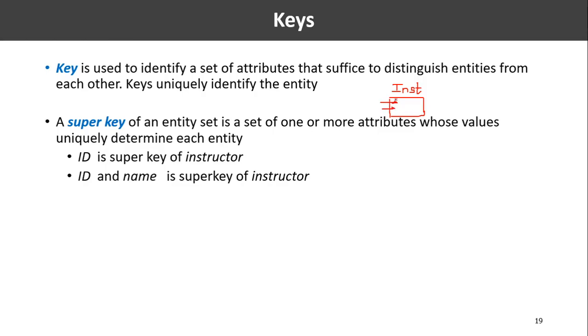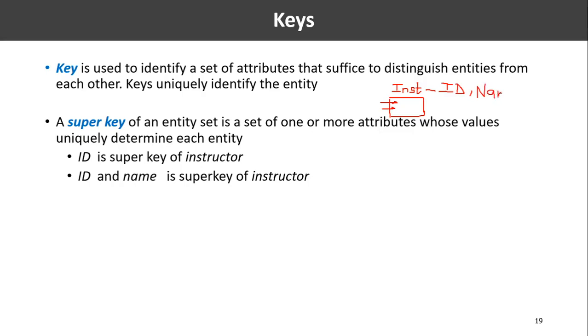To distinguish this data from one another, I need at least one attribute that will uniquely identify that particular entity. So let us assume that the instructor has attributes like ID, name, and salary.